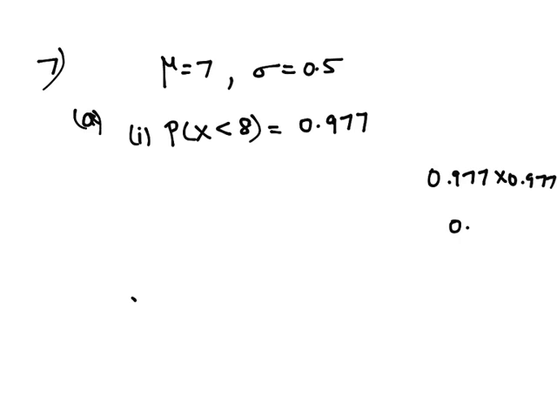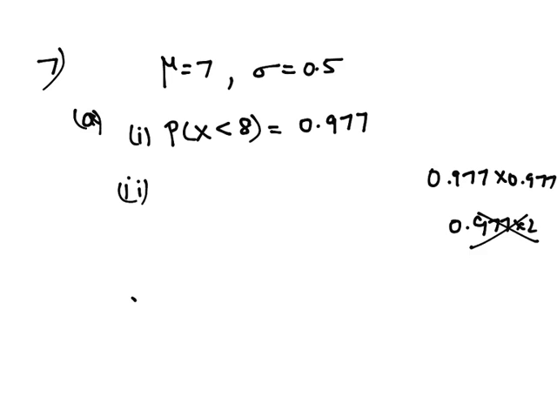Many students write it as 0.977 times 2. That is wrong. Both of them weigh less than 8 gram means the first one should weigh less than 8 gram, that is 0.977, and 'and' means multiplication. The second one also should weigh less than 8 grams, again 0.977. So basically 0.977 squared.